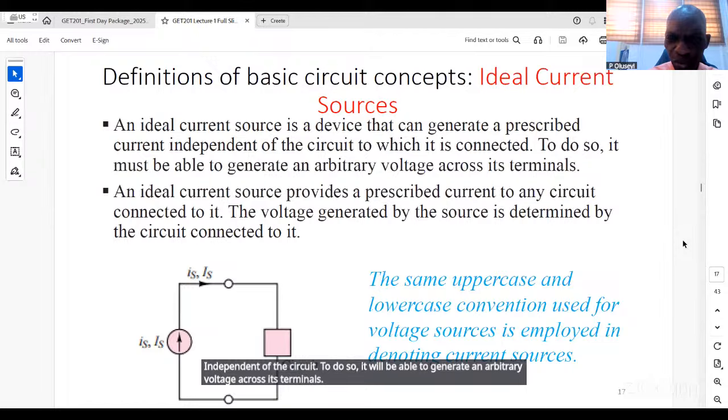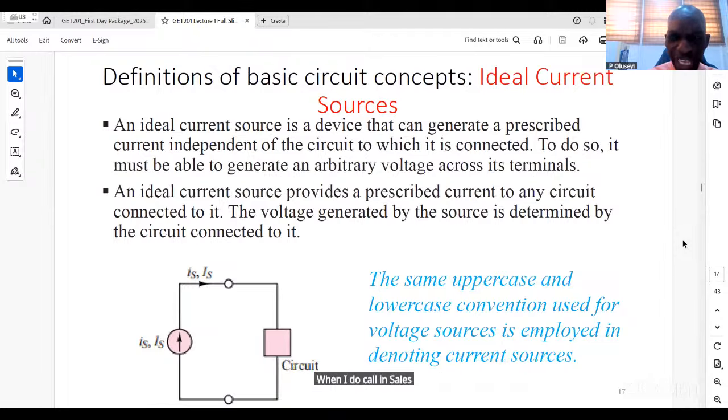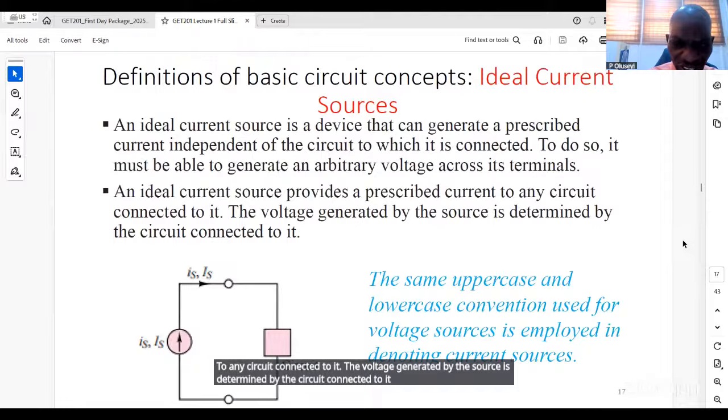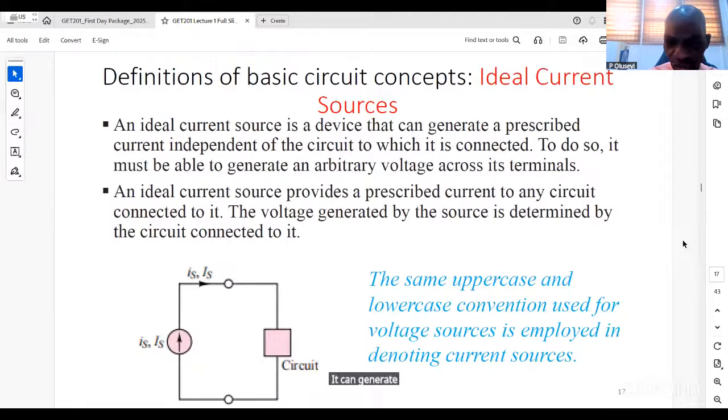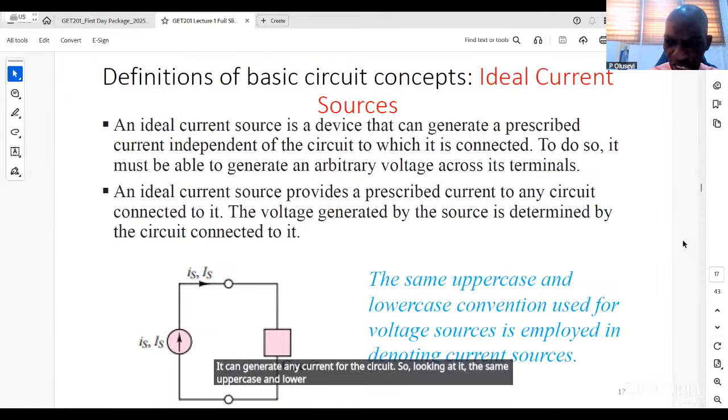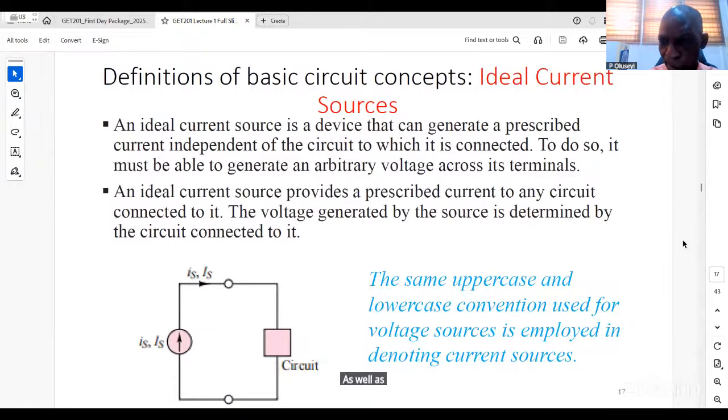An ideal current source provides a prescribed current to any circuit connected to it. The voltage generated by the source is determined by the circuit connected to it. So take note of that. It can generate any current for the circuit. The same uppercase and lowercase convention is used for voltage sources as well as for current sources.